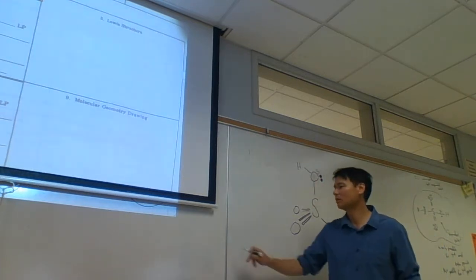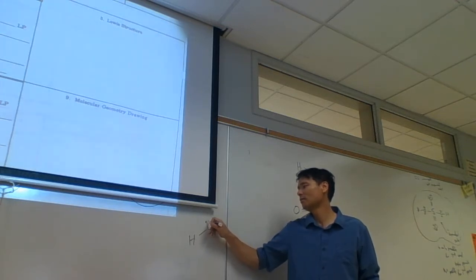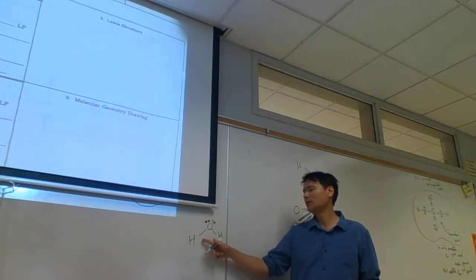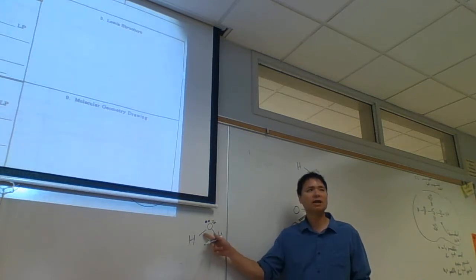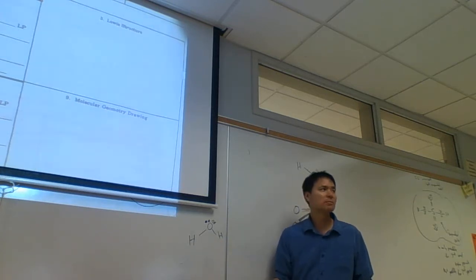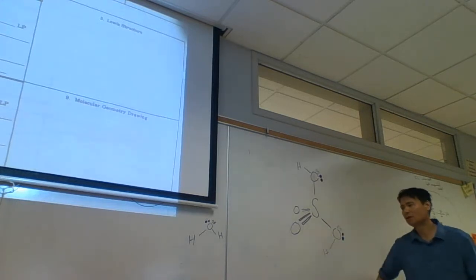This is like water. If we look at water, water is a tetrahedral EPG, but it's an angular or bent MG. And the HOH bond angle should be 109.5, but it's 104.5. So it's about a 4-degree distortion. Ammonia is about a 2-degree distortion.